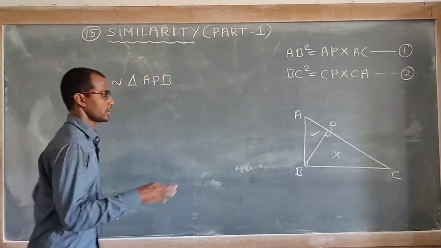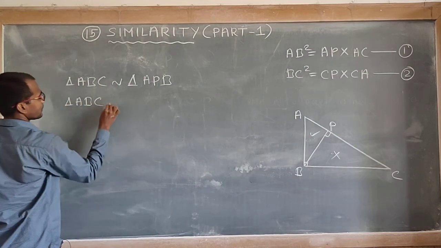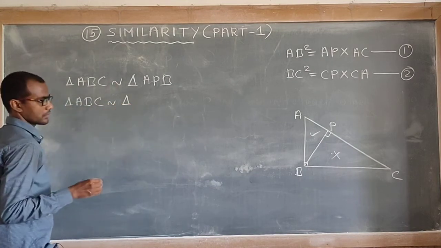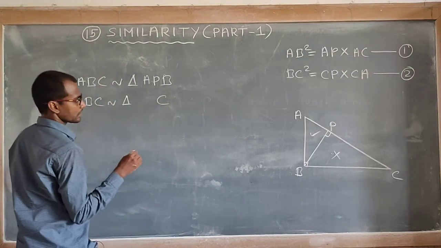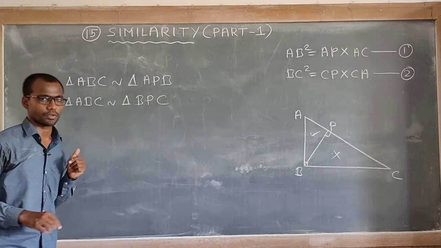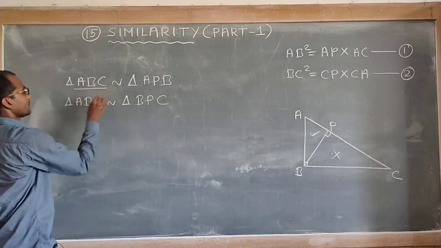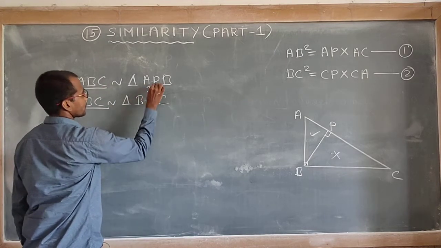What was the second order for the second triangle? Again, triangle ABC is similar to triangle BPC, where C corresponds to C and P corresponds to P. So ABC, ABC, this will be the order.